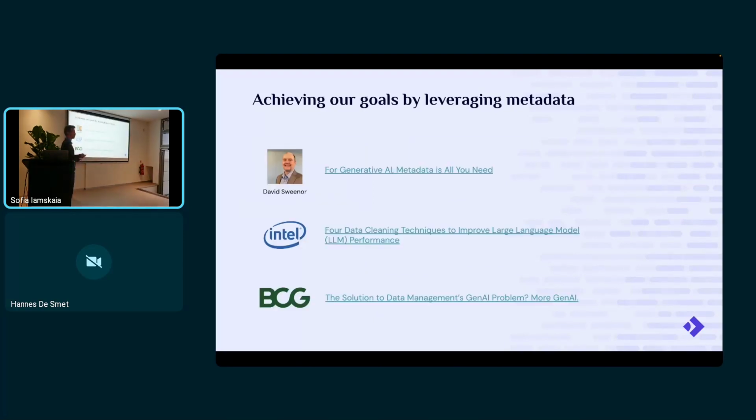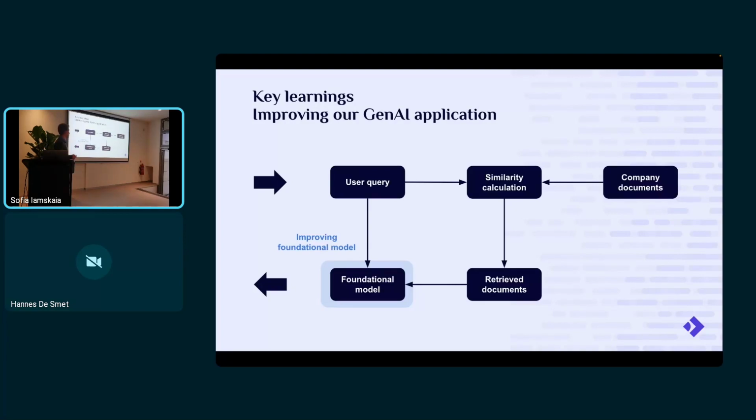And then, if you don't believe me, I also did some research on the web, and there are some famous AI people who also state that metadata is really important. Intel and BCG also wrote articles that it's really important to leverage metadata and with this to improve the GenAI application. So a quick recap.